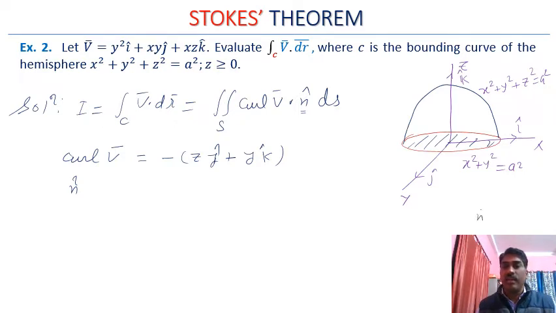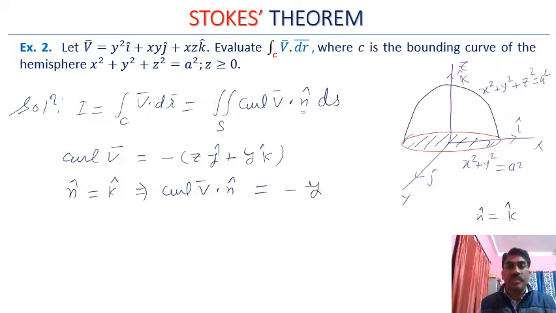I have just mentioned that we will take the surface bounded by the circle on the xy plane. So here n cap is k, and we take this n cap and take the dot product separately. Therefore curl v dot n cap, this is just minus y, this is y k.